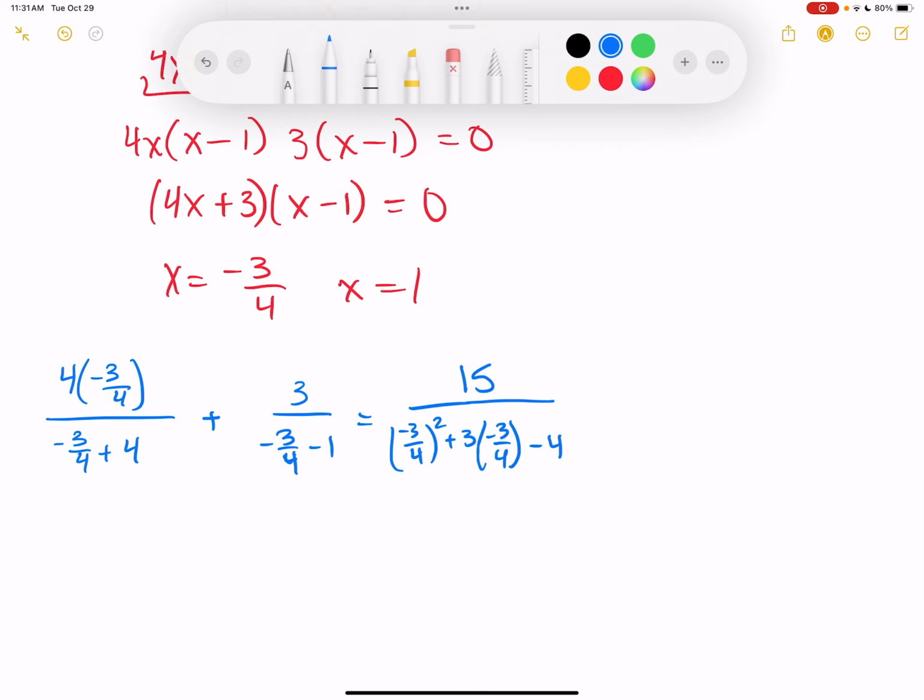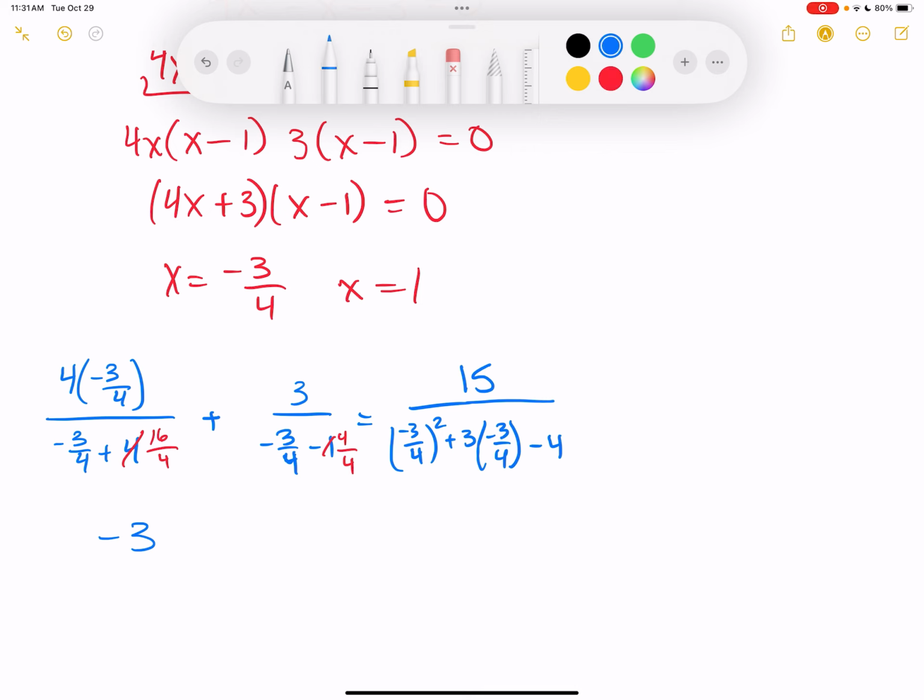So over here I'm going to have negative 3 on top. I'm going to rewrite these to have a common denominator so I don't have to rewrite it a million times. So this would be 16 over 4. This would be 4 over 4. I'll deal with that in a second.